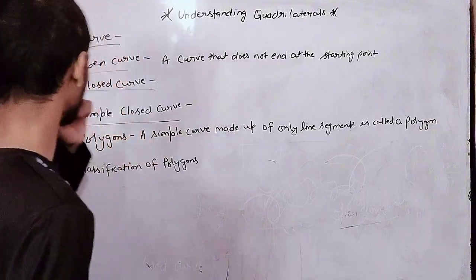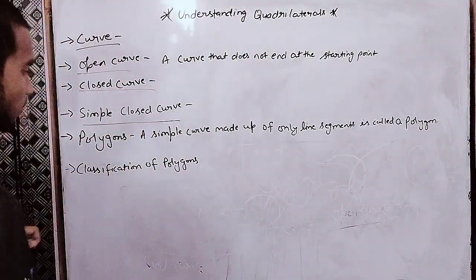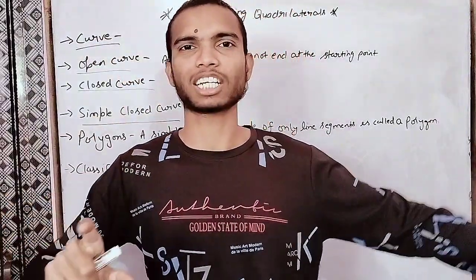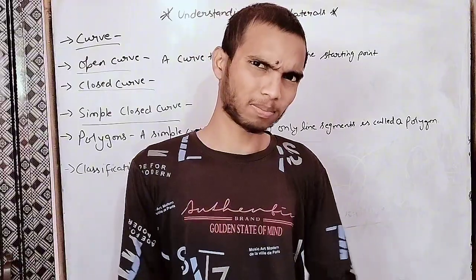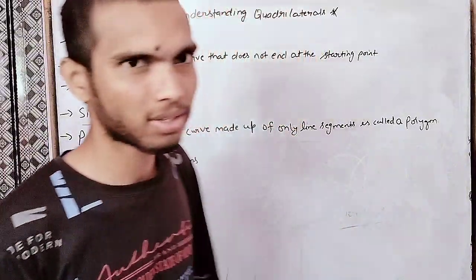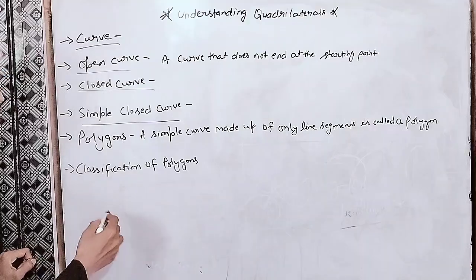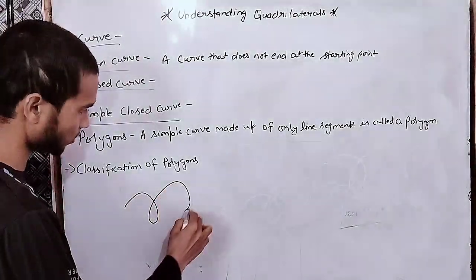Here, simple closed curve. We understood closed curve. Here you will realize two types of closed curve: first simple and second complicated. So here we need just simple closed for this lecture. A complicated closed curve means like that.